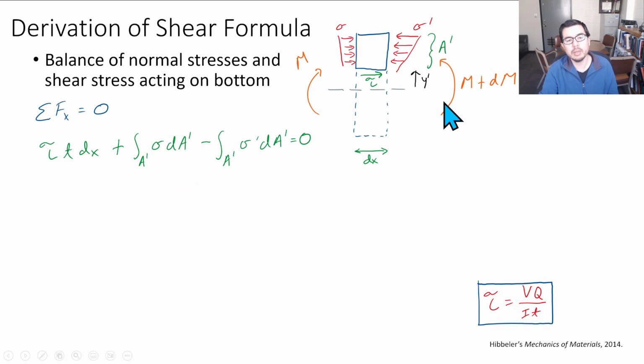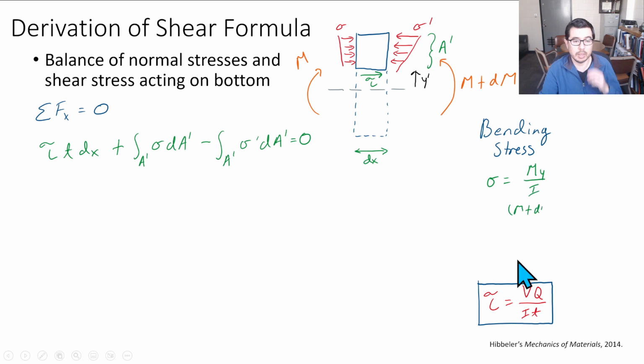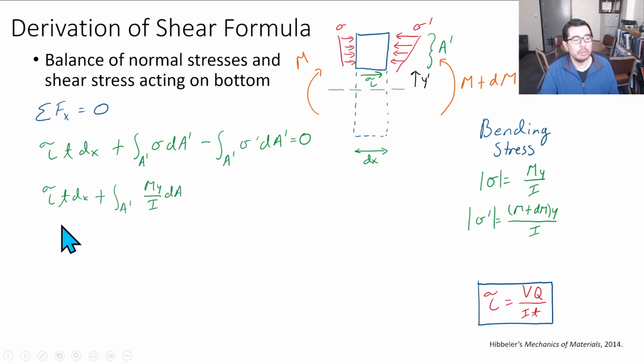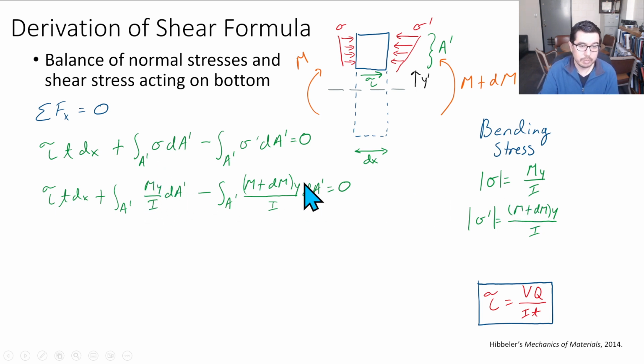So what is sigma? Sigma can be related to M through the flexure formula. We can say that sigma equals My over I, or sigma prime is equal to the quantity M plus dM times y over I. What we can do is a little bit of substitution, plugging in our flexure formulas to substitute for sigma.